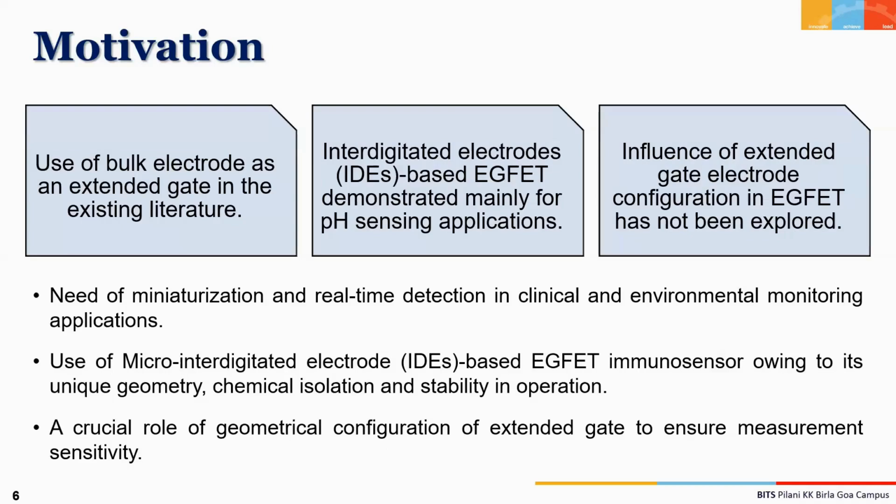So these are the motivations: people use bulk electrodes, the interdigitated electrode is used mostly for pH sensing, and even the geometrical configuration of that electrode is not explored much as far as the EG-FET is concerned.